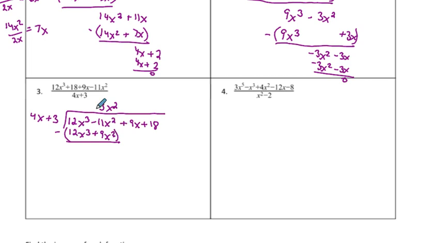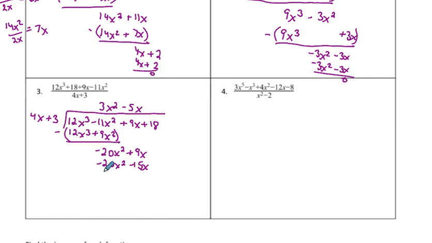And when we subtract that out, negative 11 minus 9, so we have a negative 20x squared plus 9x. All right, so now we have negative 20x squared divided by 4x, so that's a negative 5x. Negative 20x squared minus 15x.